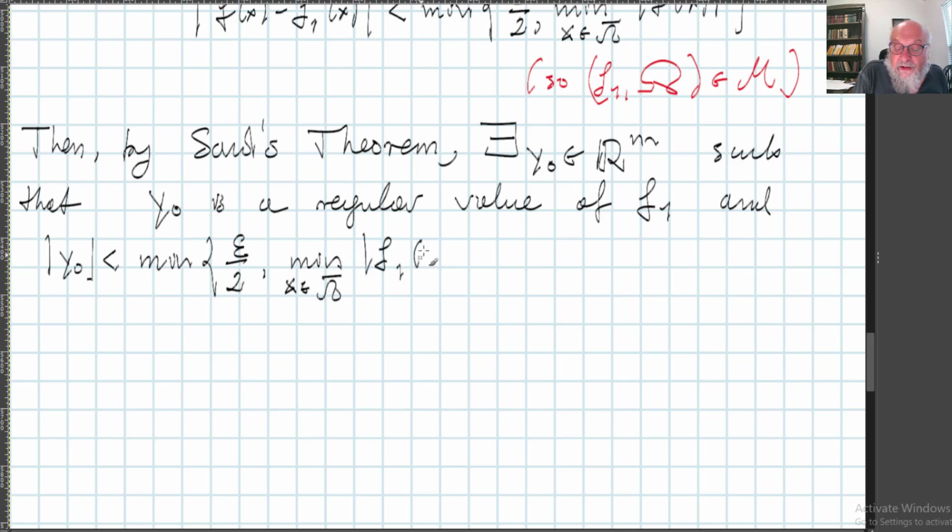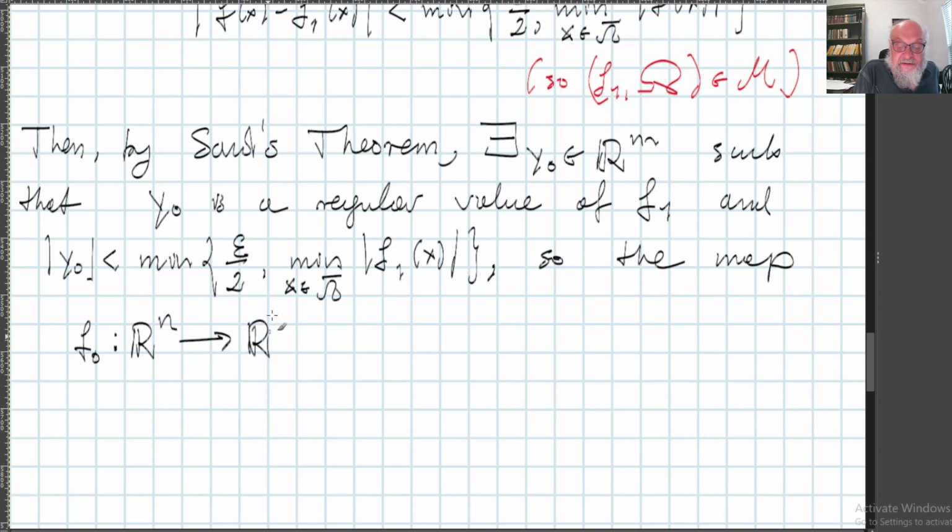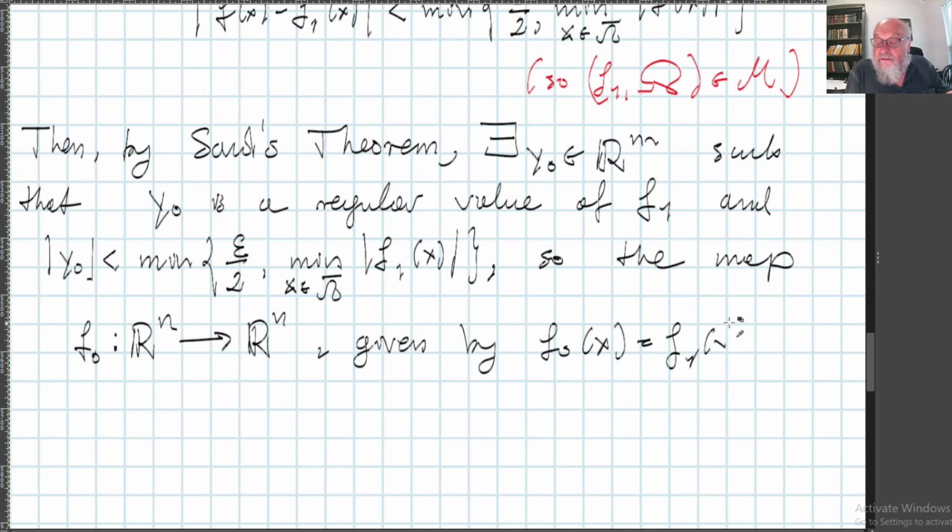The map that I'm constructing is F0 from Rn to Rn, given by F0 of x equals F1 of x minus Y0, and it has the properties.